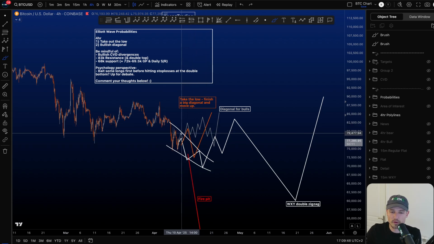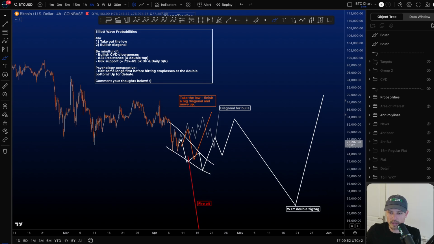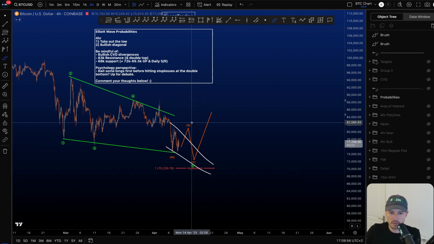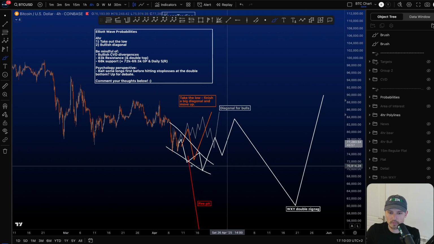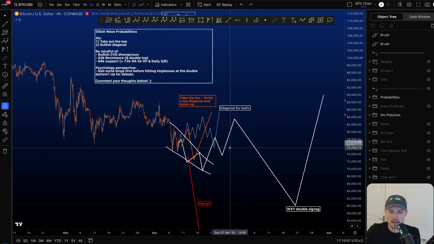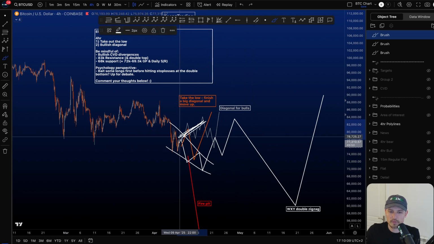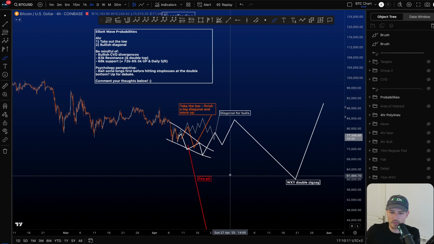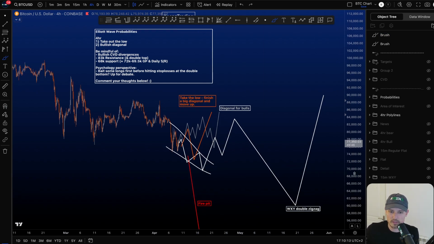Also, if we look for the more bullish scenario, being the diagonal on the 4-hour time frame, right? Then you look for wave X and wave Y. So that is also a bounce in a similar area, right? Maybe the diagonal moves a little lower, but it's still quite similar. And only the move up diagonal is basically bullish. And then you have the one that goes down, right? That's your fire pit scenario.